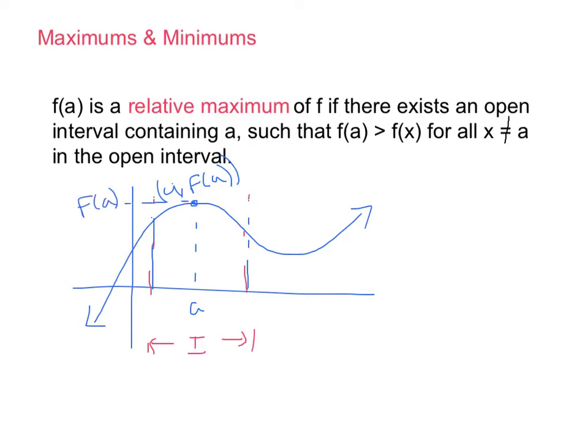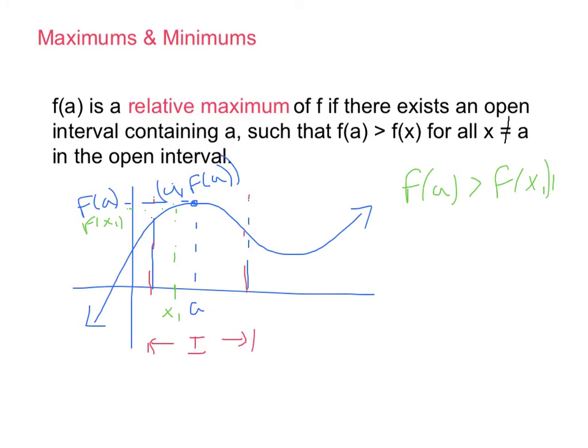That's f of a. And what we're saying is that no matter what other values I may pick within this interval I, let's call this x1, then over here I'd have f of x1. And notice that f of a is greater than f of x1. It's farther up the y-axis.